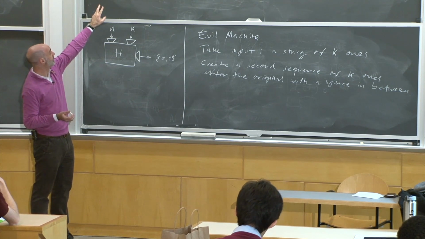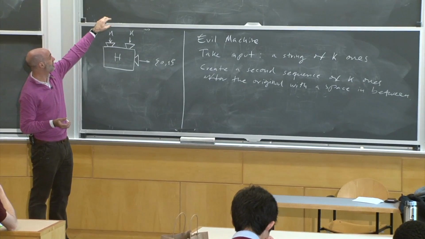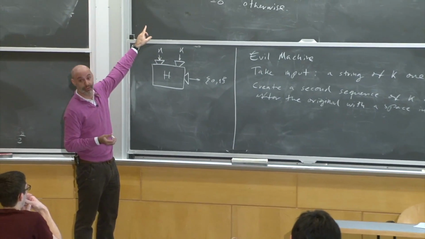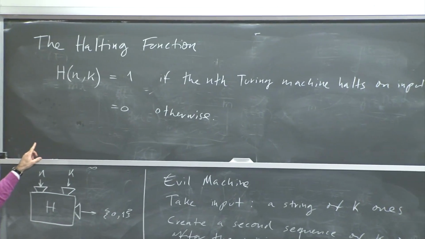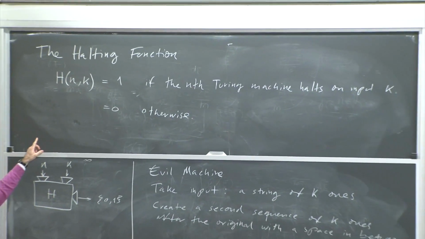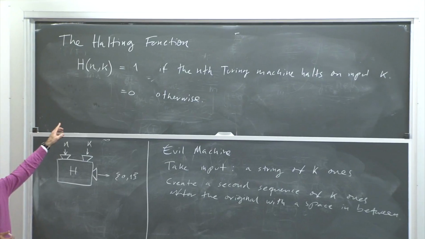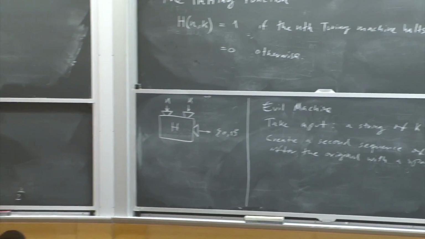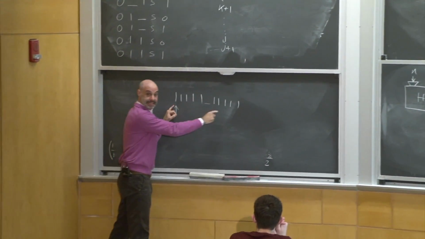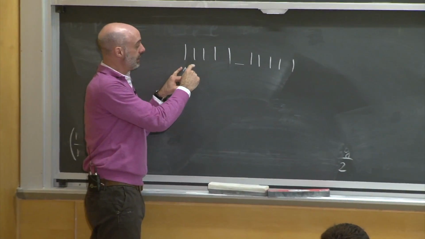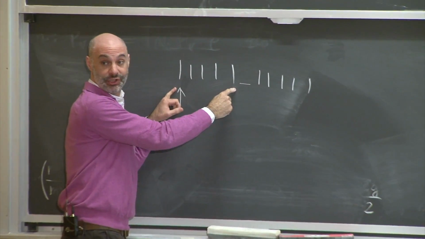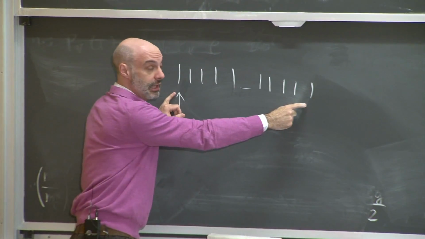You give it two numbers, and it outputs a 1 or a 0, depending on whether the Turing machine corresponding to the first number will halt given the input specified by the second number. So when we apply the subroutine to this, it's going to be like asking the question, does the fifth Turing machine halt given input 5?